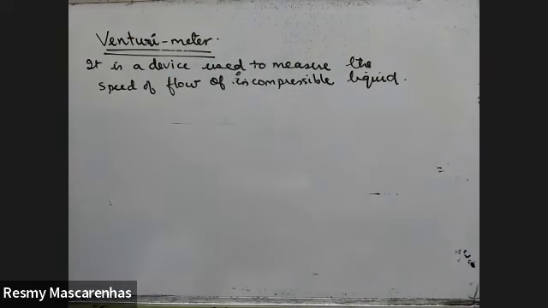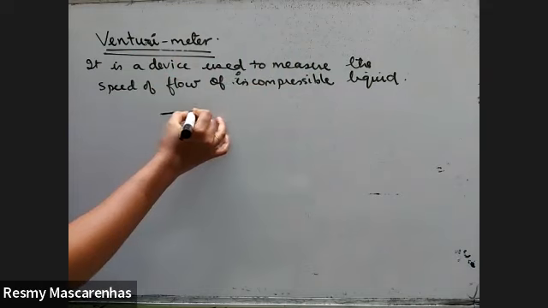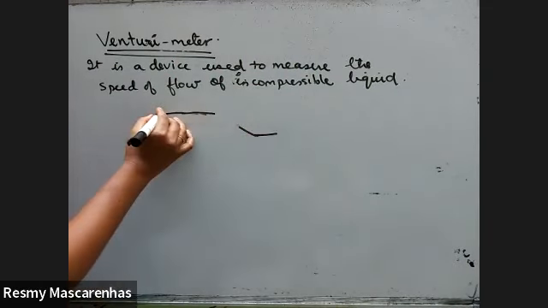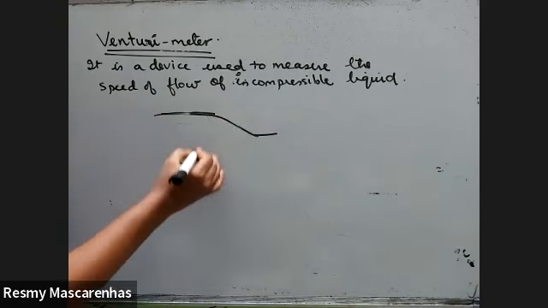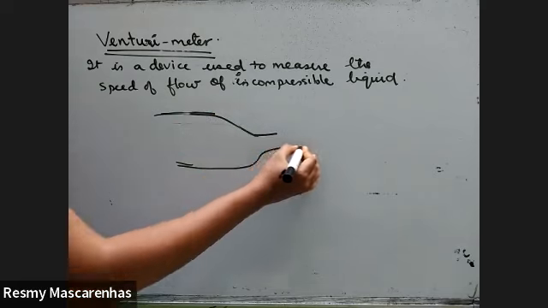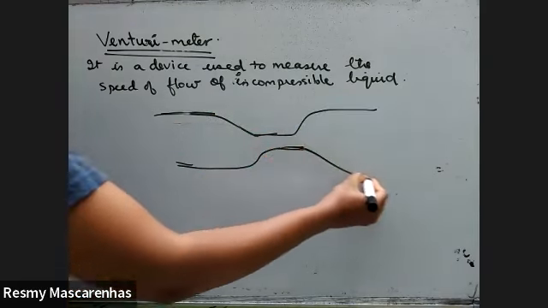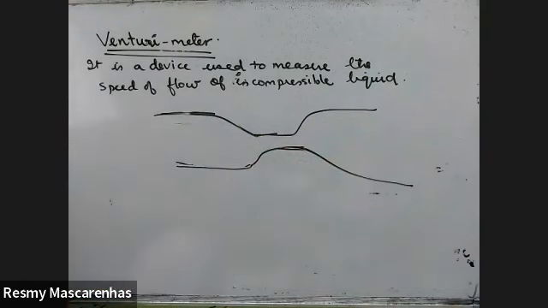So the diagram of a venturimeter looks like this. It just narrows down, like this.